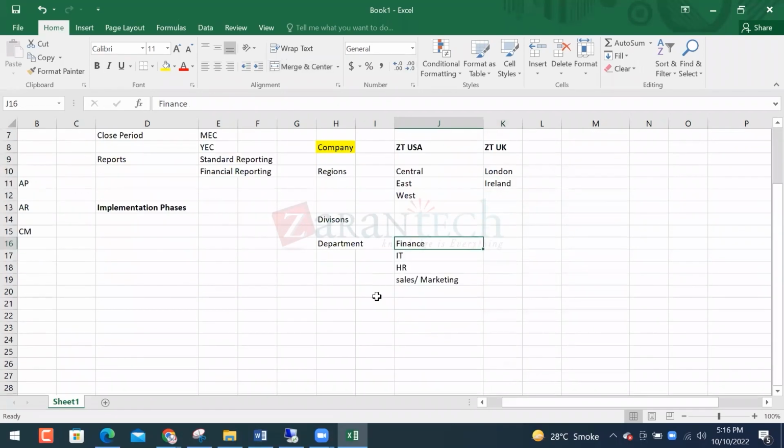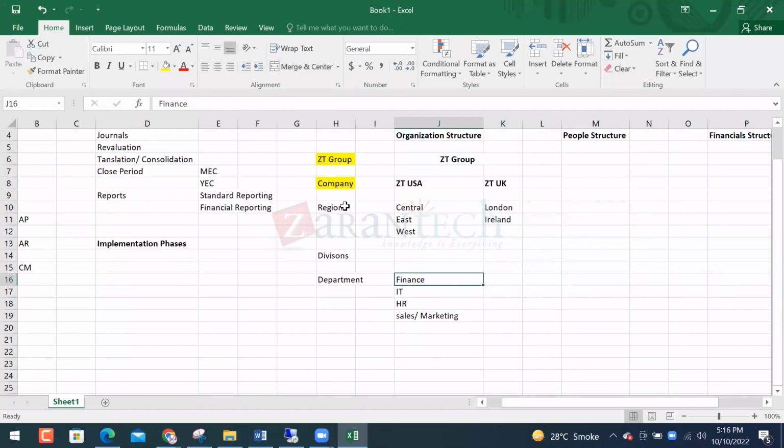And after the department, each department or each region or each division may have certain locations. In Workday, what are the different types of locations that we have? We will discuss in our Workday structure. So I will try today to focus on the structure part, then we will move on to the transactional part as well. Our structure should be good enough to understand, then we can proceed accordingly.